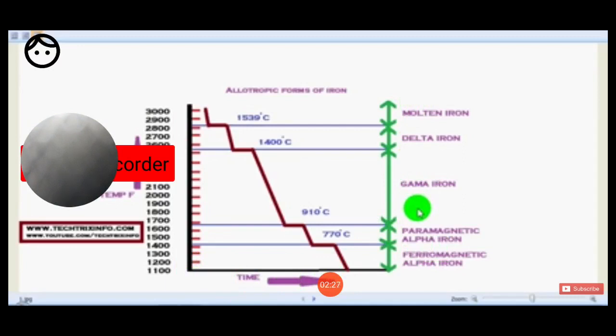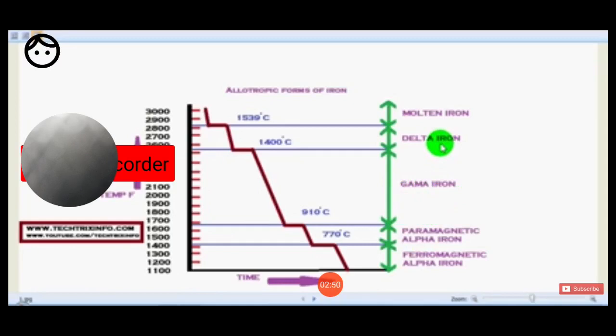Iron has the following three allotropic forms of crystal at different temperatures as mentioned over here. The three forms are alpha iron, gamma iron, and delta iron.